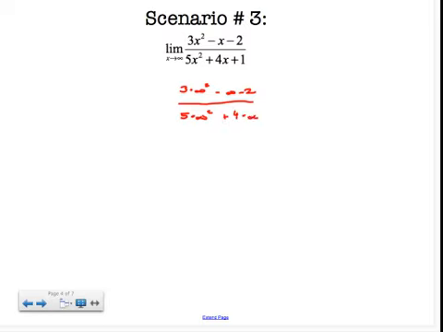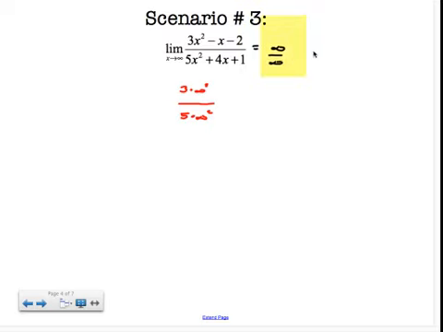A lot going on here, but if you remember some facts from pre-cal, you know that when you square numbers, they dominate any other numbers that pop up in the expression. So an infinity squared is much bigger than a 4 times infinity. So really what you're looking at here is just these first two terms, and those both are very, very large. So this scenario, after you do a mental plug-in, is infinity divided by infinity.